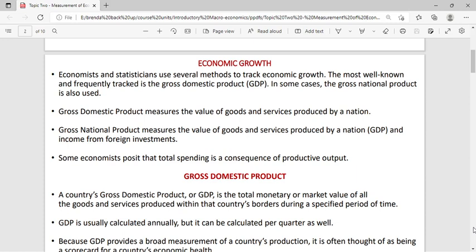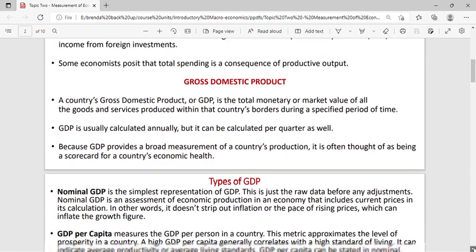So when we use the gross national product method of tracking economic growth, in addition to what is produced within the country, we add on what the country earns from abroad. And so we are going to look at one at a time.